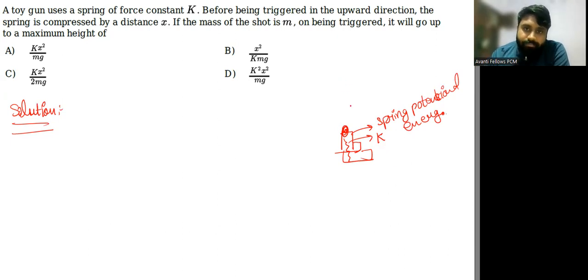And then this potential energy will decrease in terms of gaining the kinetic energy. But after some time, it will achieve the maximum height h, and here the velocity will become 0.